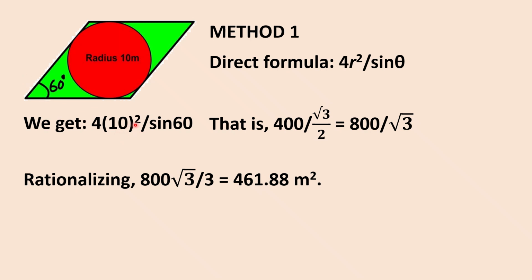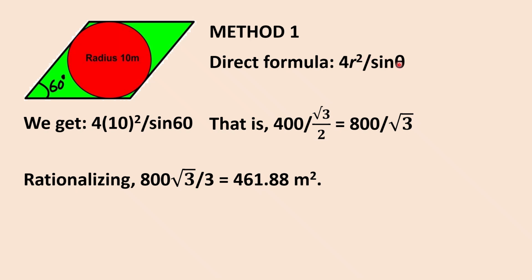That would be 400 by sine 60, which is root 3 by 2, that is 800 by root 3. Now rationalizing the denominator, 800 root 3 by 3, giving you 461.88 square meters.